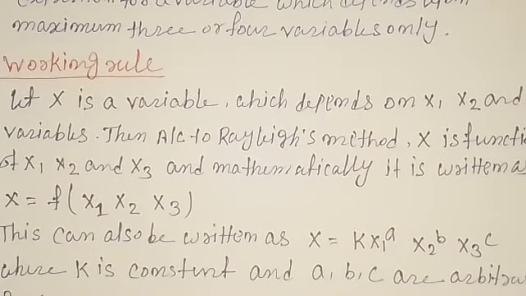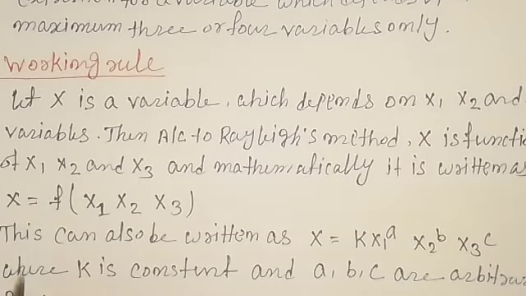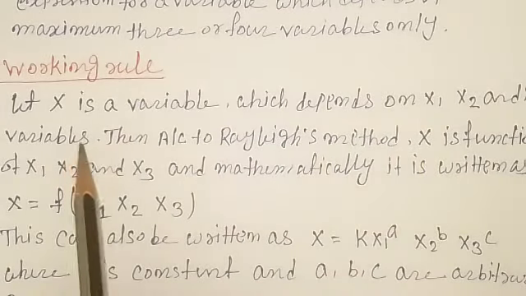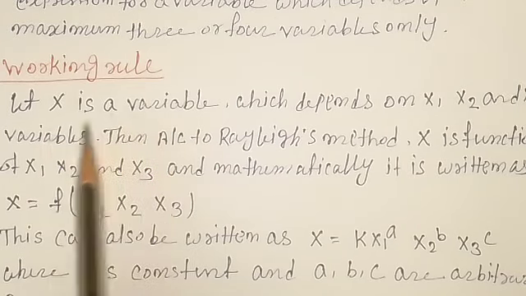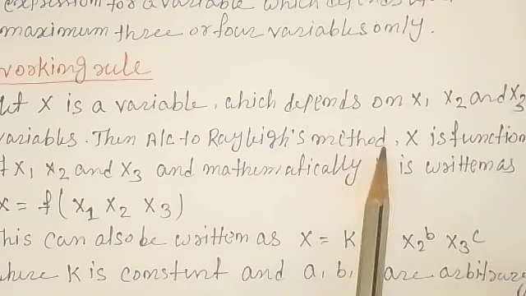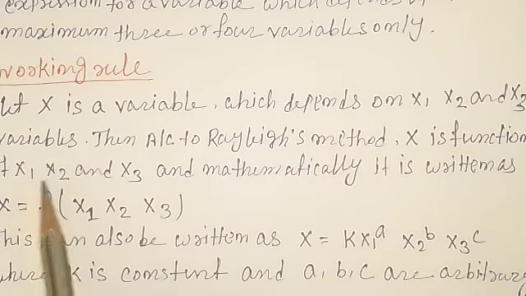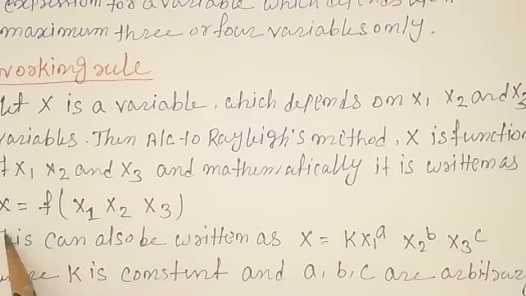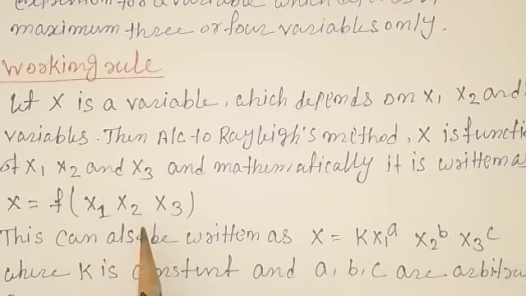The working rule for the Rayleigh method is this: let x be a variable which depends on x1, x2 and x3. Then according to the Rayleigh method, x is a function of x1, x2 and x3, and mathematically it is written as x = f(x1, x2, x3).